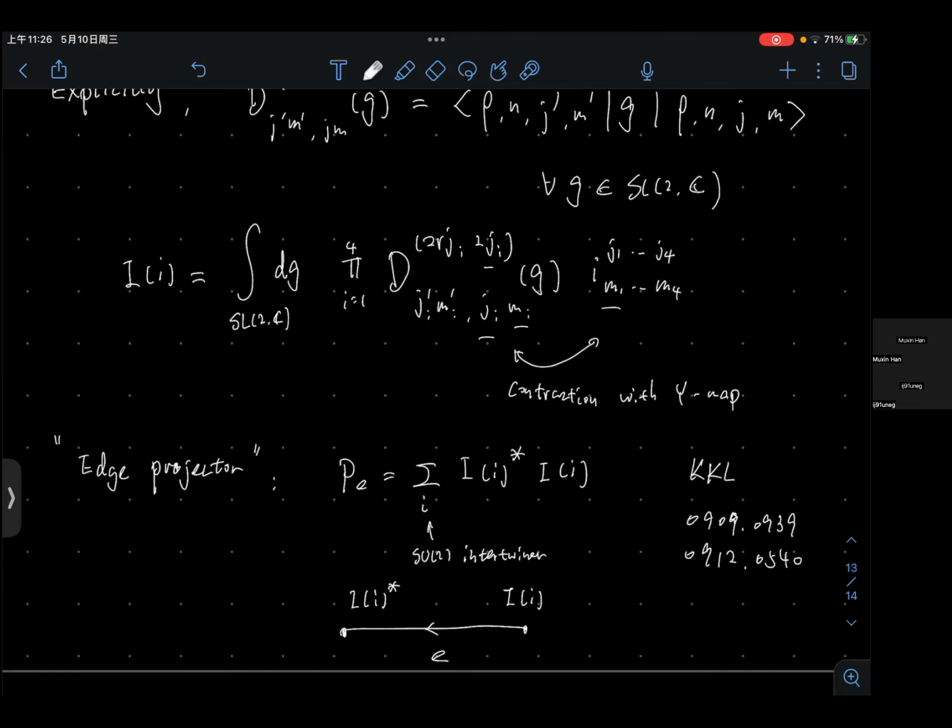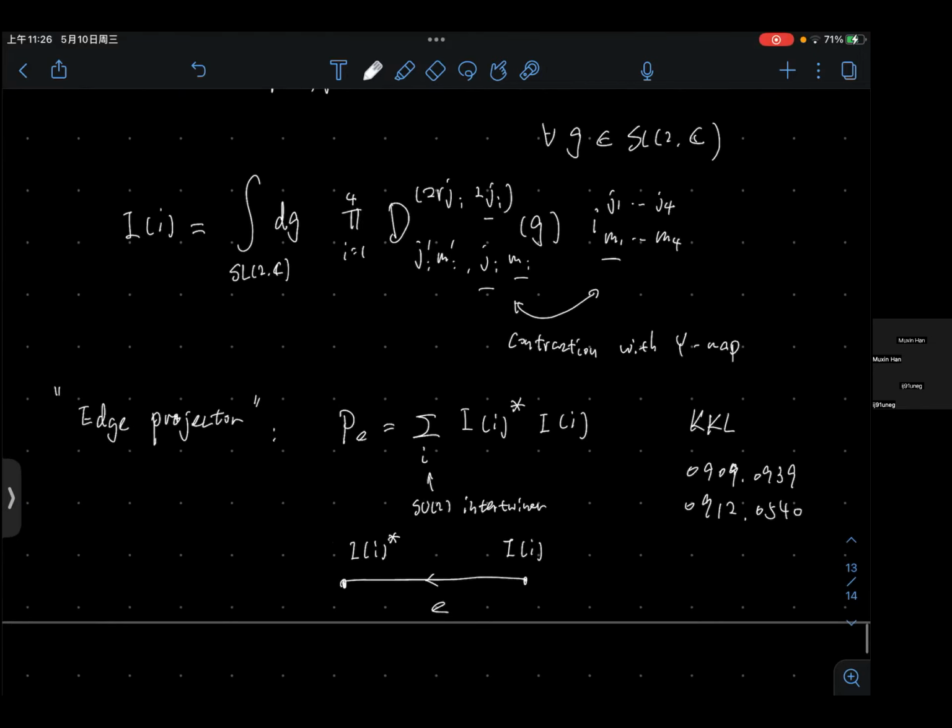It would be nice if you can check them out. The second paper discusses this edge projector and shows that the PE I wrote here is not precisely an edge projector, but a certain modification or normalization of it will give a true edge projector.